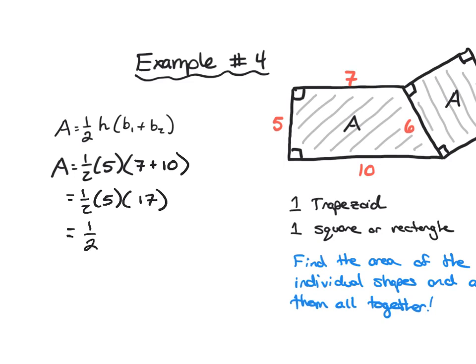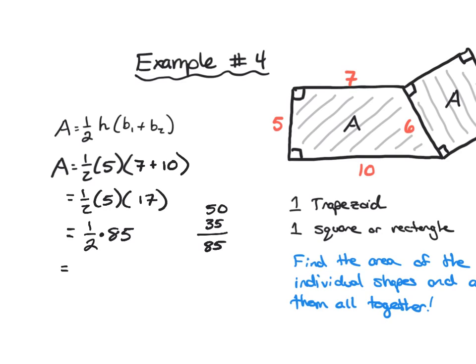So I'm going to take half of whatever 5 and 17 would be. 5 times 17 can be broken into 5 times 10, which is 50, plus 5 times 7, which is 35. When you add that up, it's 85. Now, if I want to find half of 85, well, that's like saying the same thing as half of 84 and then half of 1.